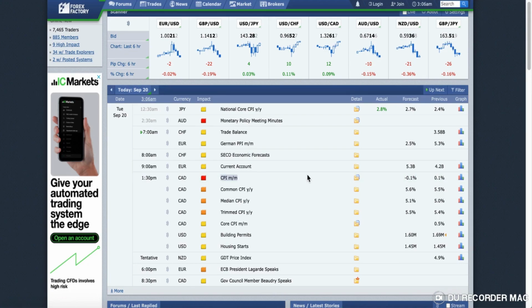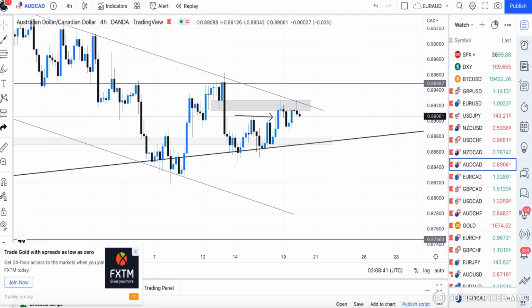After you've seen those confirmations, you can still wait, or you can still pull in the aggressive entry if you're an aggressive trader. So like this now, if this Canadian CPI comes out, let's say, better than expected, we should have AUDCAD move to this particular level, we should see it break below this 0.885 level, and then obviously we should see it at 0.88.